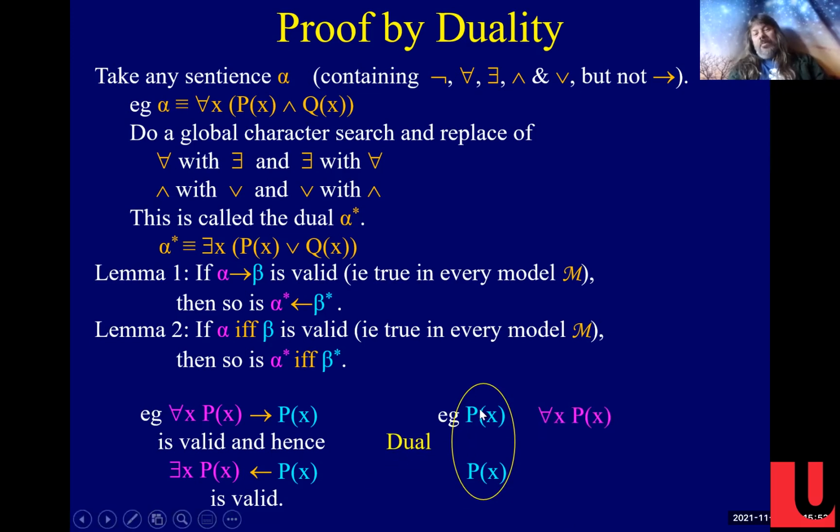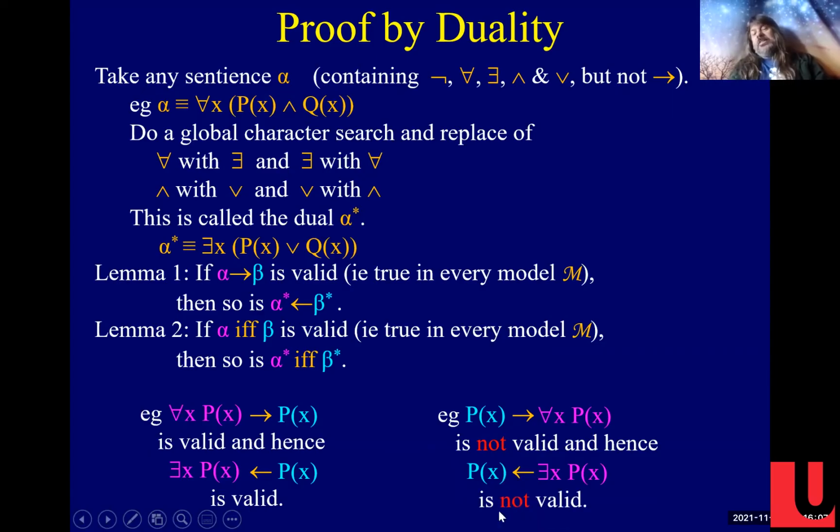Right, so here's another example. That's the dual of that, and what's the dual of that is this. And so we say, oh, well, this one turns out not to be valid, and this one here turns out to not be valid as well. Oh, actually, let's talk about George's textbook again.